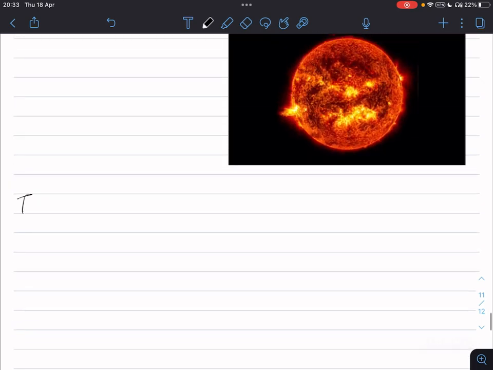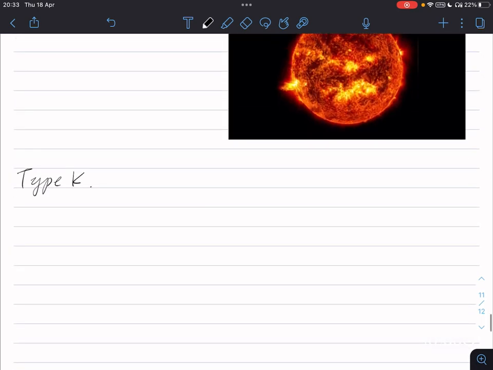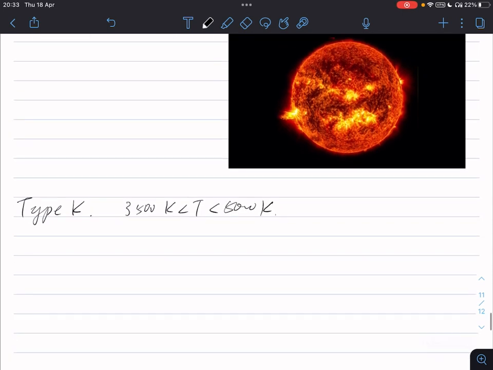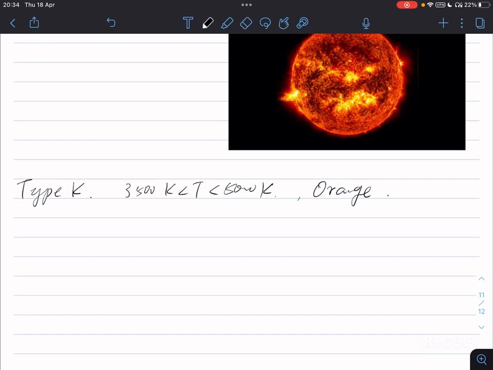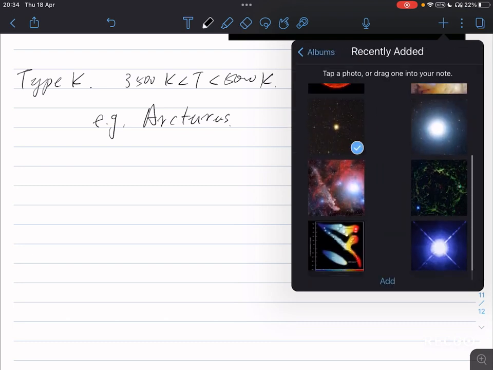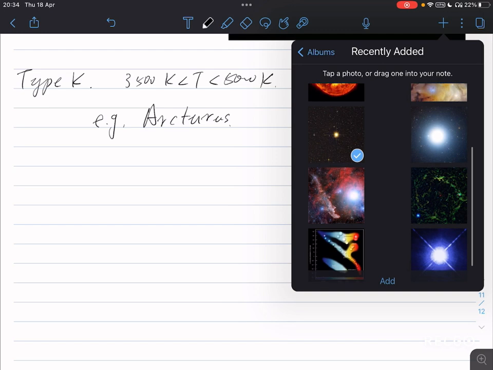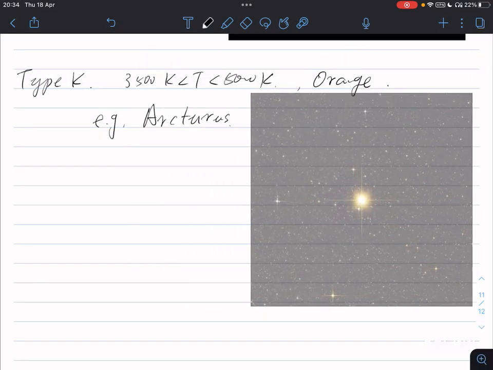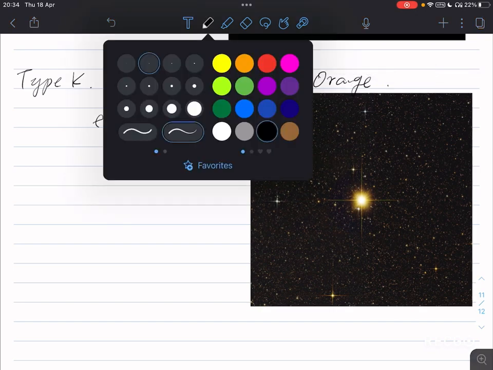Then type K, with the temperature between 3,500 Kelvin and 5,000 Kelvin, and with orange color. An example is the Arcturus star. It's imaged here.